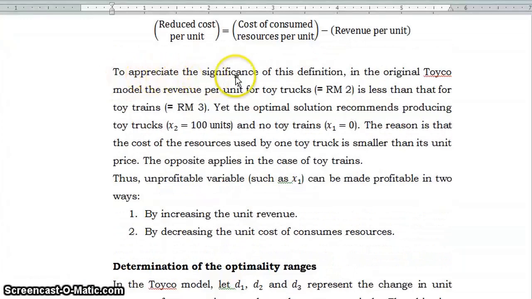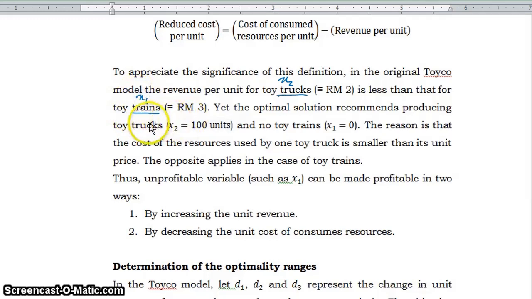To appreciate the significance of this definition, in the original TOYCO model, the revenue per unit for toy trucks, which is x2, is 2 ringgit, less than the revenue of toy trains.